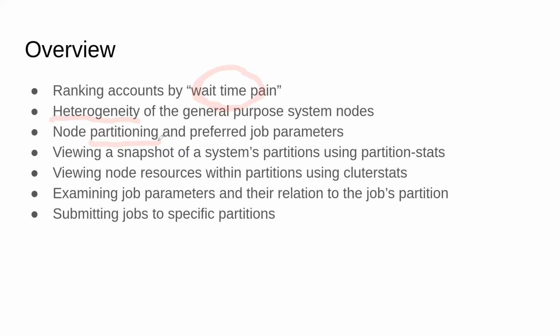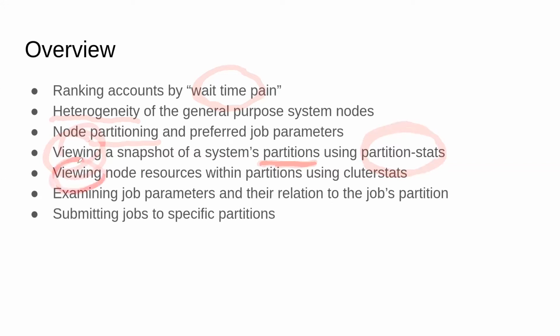So what I want to talk about today is going over an example of specifically viewing the system's partitioning. We're going to be looking at the partition stats function call on a system.